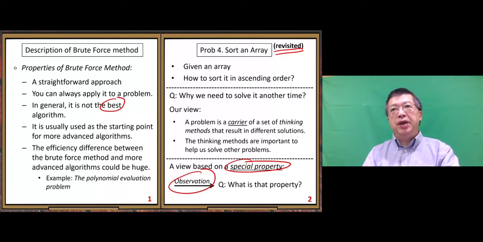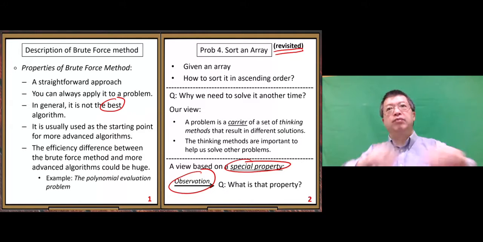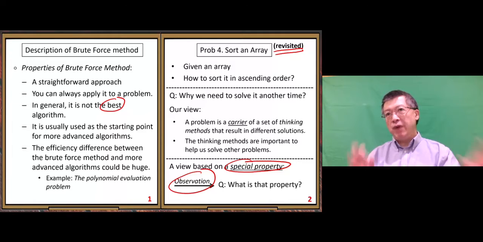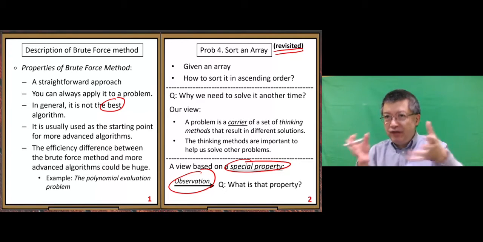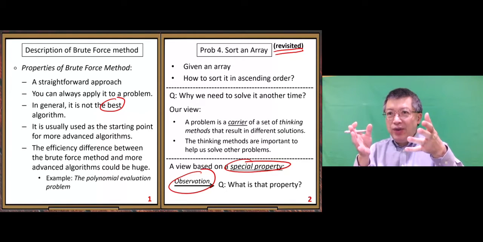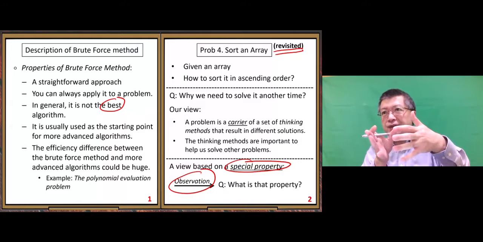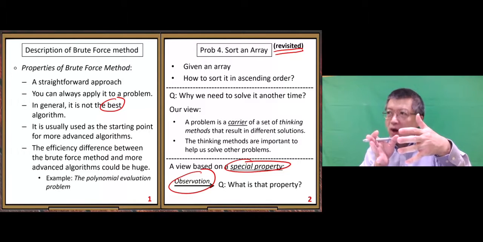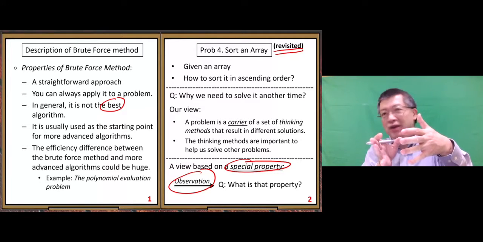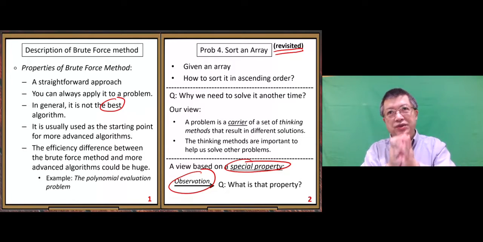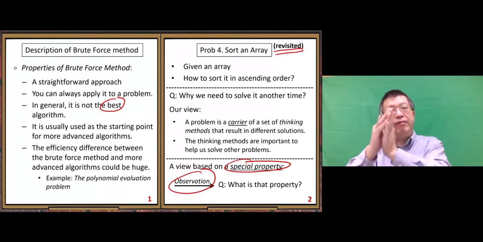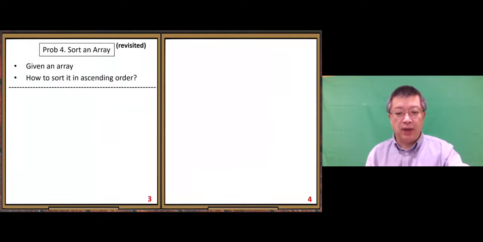What is that property in our current problem, sorting an array? We need to find it. We need to use a different view to find it. Last time we found one, right? But this time we will use a different view to find a different property.